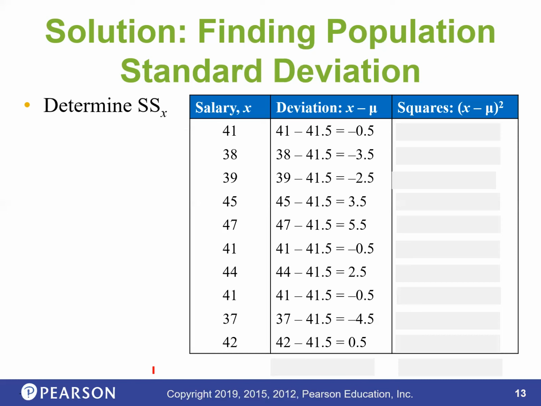Interesting. There are 6 negative numbers, 5 positive numbers, right? But notice these 5 positive numbers are way higher. We have a negative 4.5, but that's a 5.5. That's way high.